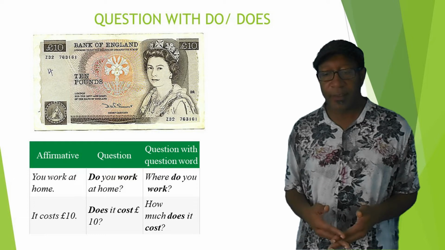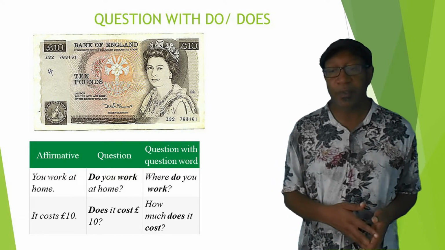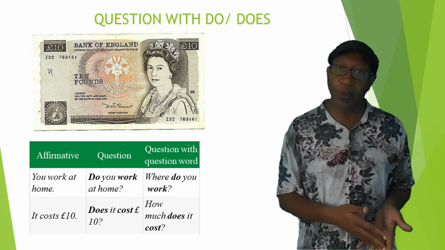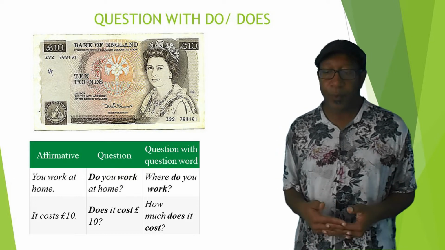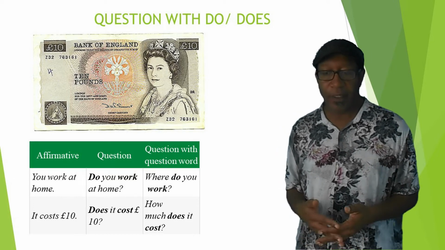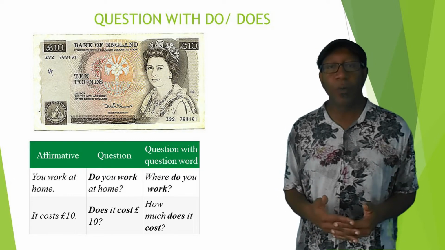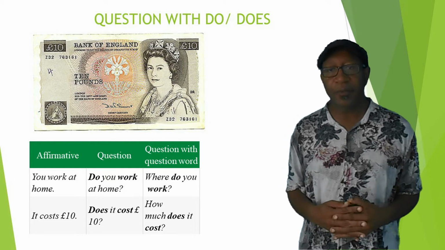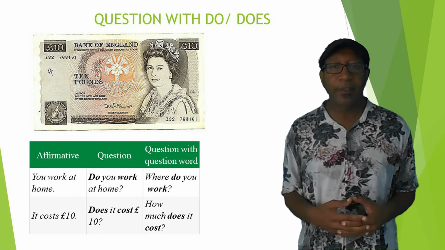Does it cost £10? But you can also use the auxiliary verbs do and does together with the question words we saw before, like in the examples: where do you work and how much does it cost? As you can see, we have a variety of structures to deal with questions in English.